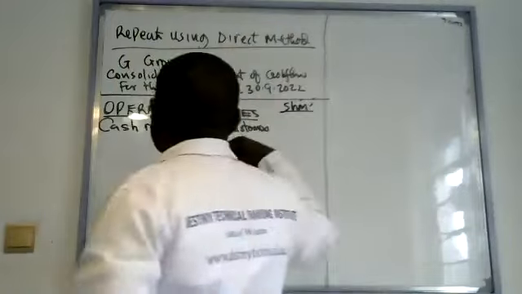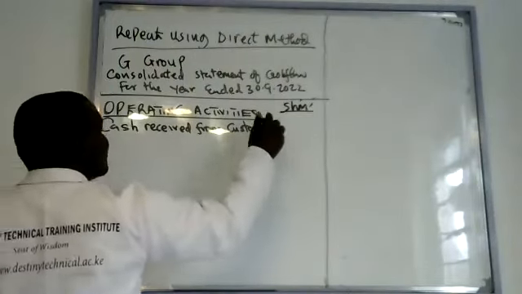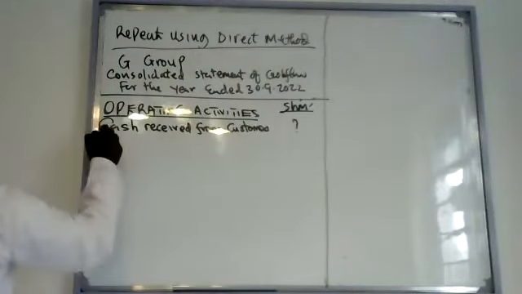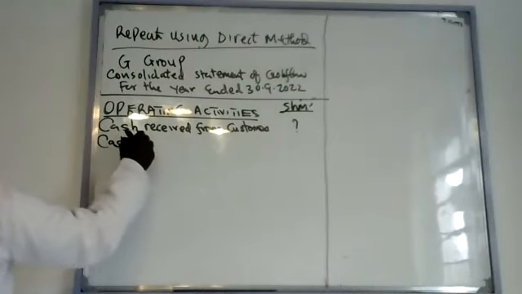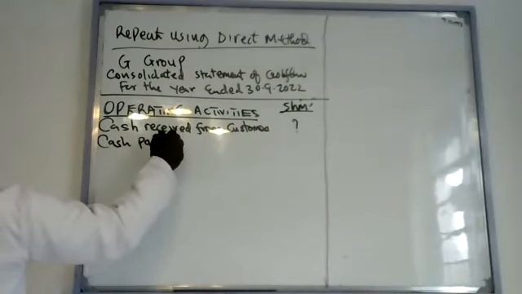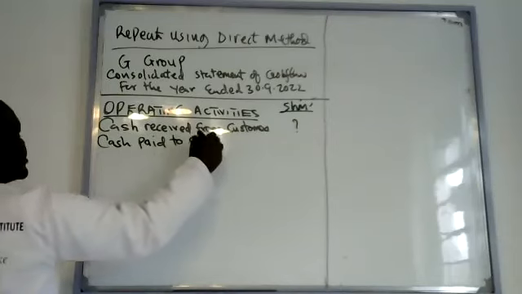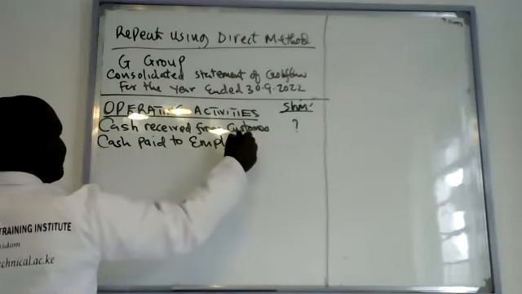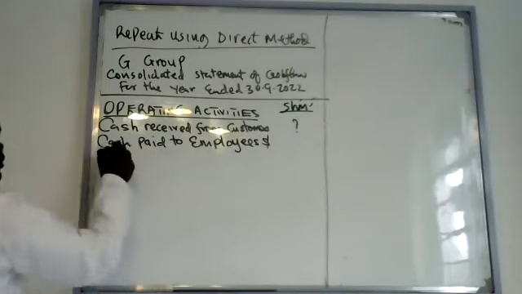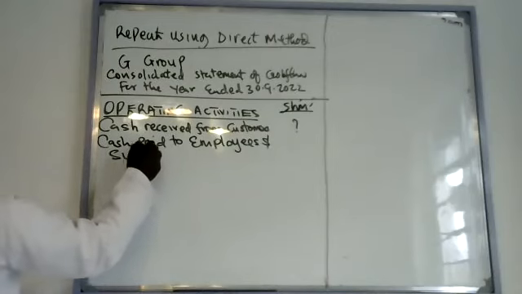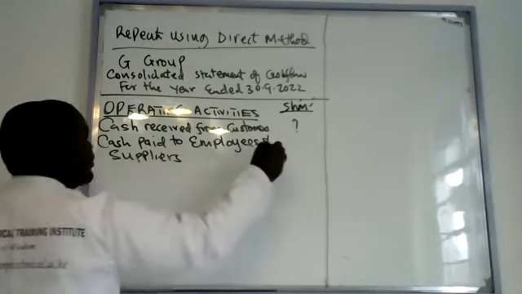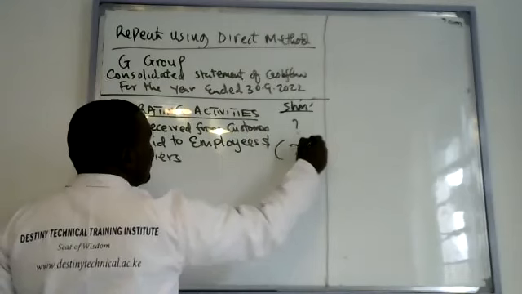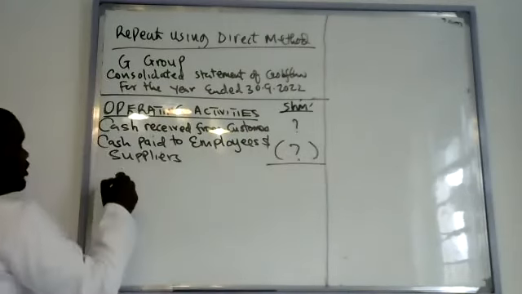Correct. So cash received from customers, you will bring cash paid to employees and suppliers. That one will be subtracted.